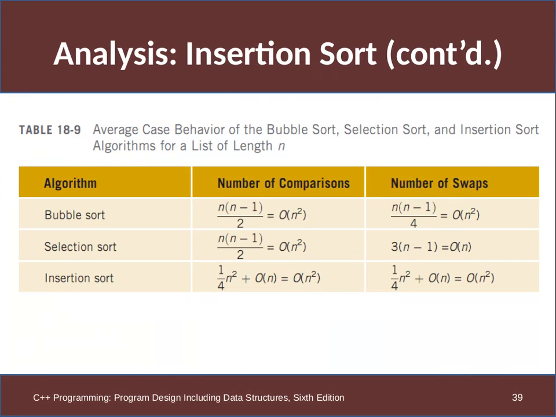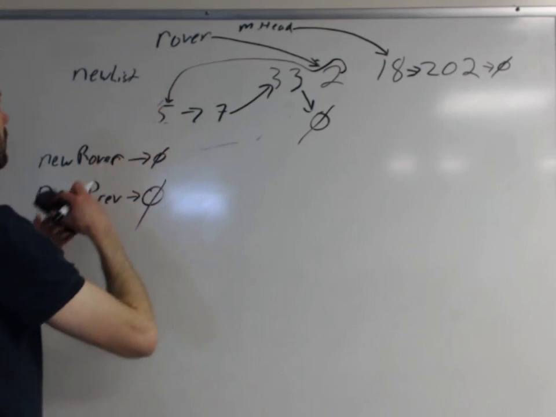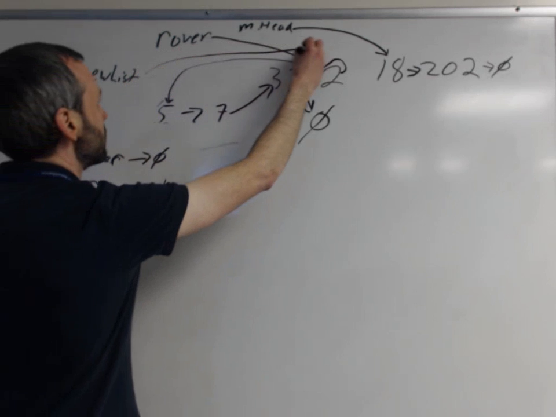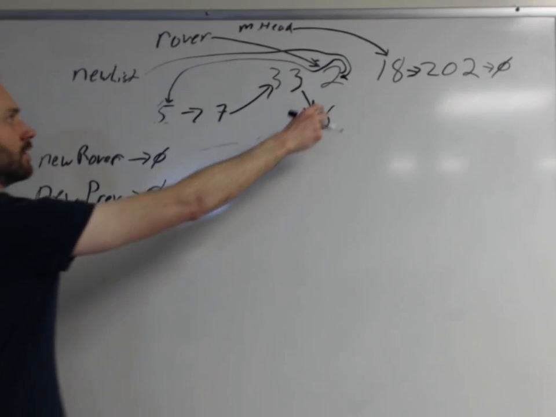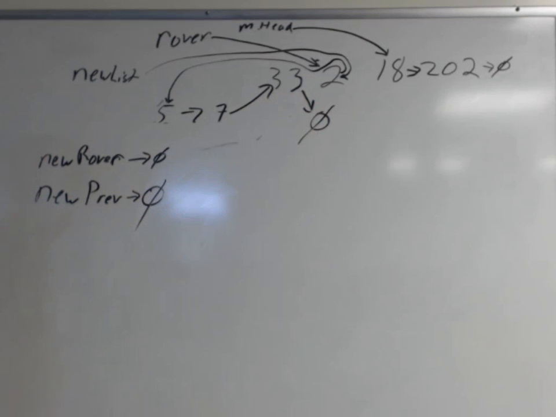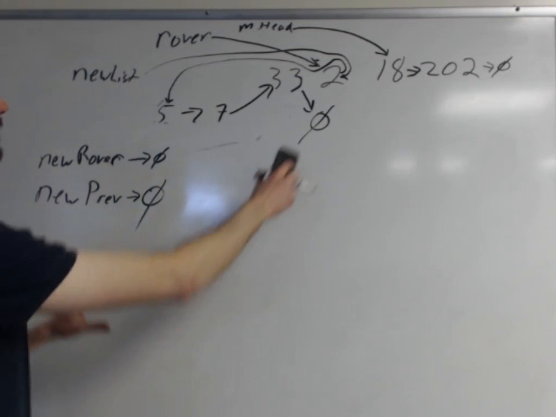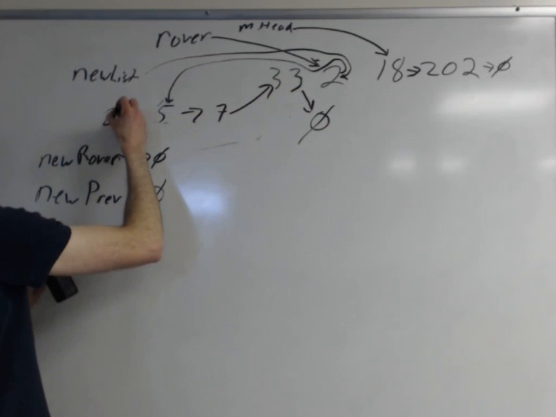And then new list is equal to rover, which means that new list will now point to 2. So the new list goes 2, 5, 7, 33, null. Now, everyone following me so far? To make this easier, because you can see it's all jumbling around, I'm going to move this 2 over here.